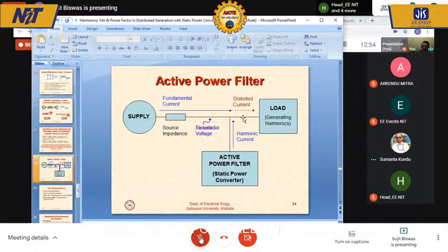That's why I said the template is shifted by 180 degrees. If the current drawn is used as a template, you shift it by 180 degrees, you flip it basically, and use it as a template for the current drawn by the active filter. Then the current sent out is 180 degrees opposite. It comes in the other way. The objective is that it should be nullified for the source current.